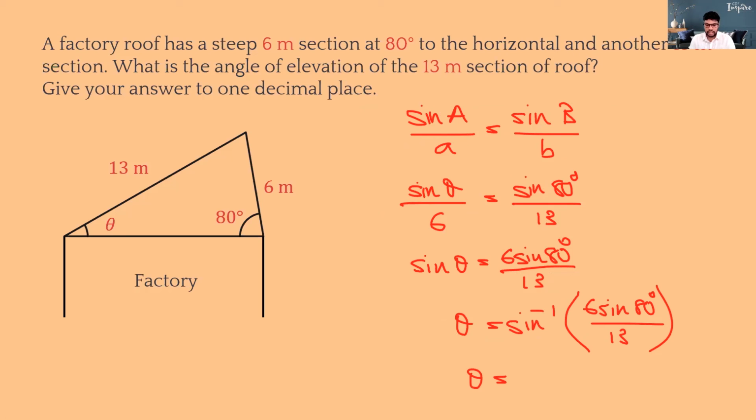I'll also try. 6 sine 80 over 13. So you get 27.03 something, right? So children, they're asking for 1 decimal place. So the answer should be 27.0 degrees to 1 decimal place. That is the answer.